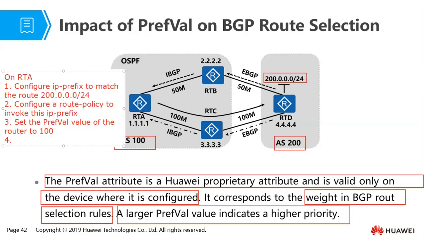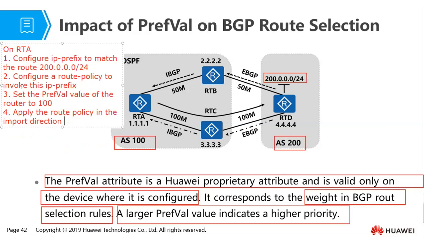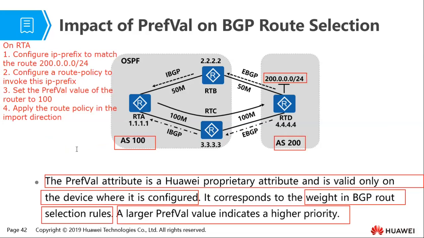And lastly, apply the route policy in what we call the import direction. So those are the steps that this guy is going to take in order to achieve this.